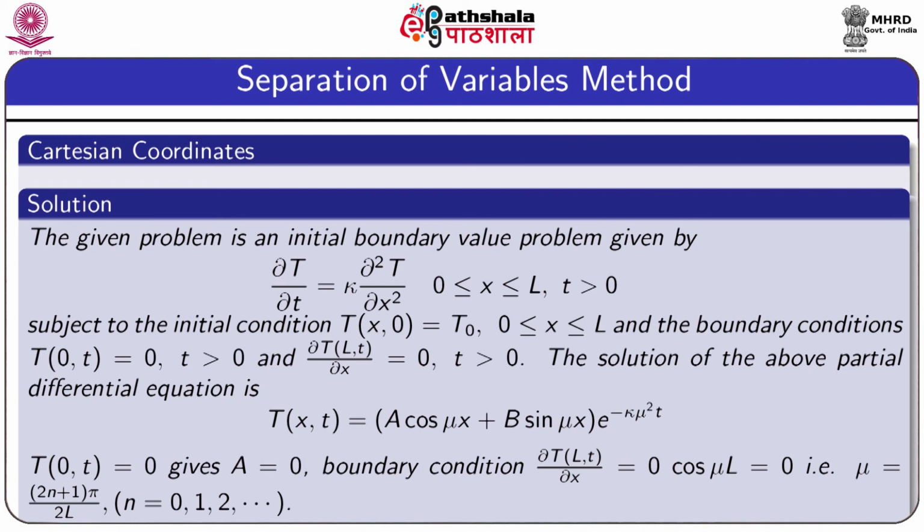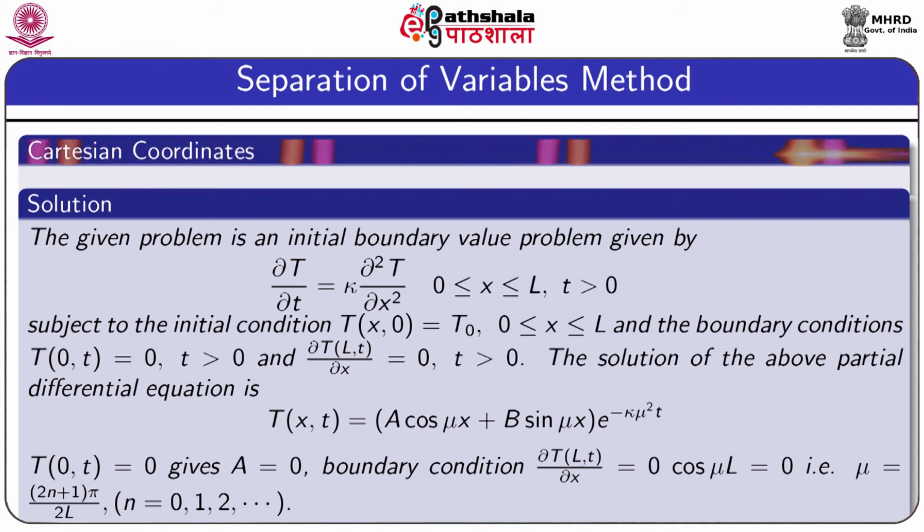If we satisfy the boundary condition T(0, t) equals 0, it gives capital A is 0 and the boundary condition del T del x at (L, t) equals 0 gives cos mu L equals 0, and we know the solution of cos mu L equals 0 gives mu L equals (2n plus 1) into pi by 2. So, this gives the value of mu as mu equals (2n plus 1) pi by 2L, where n is an integer.